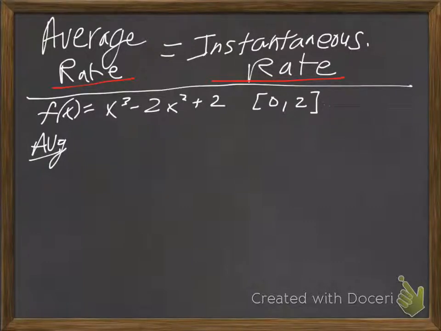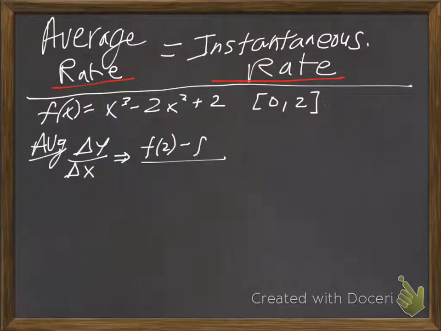But the average rate of change, well, all that is simply finding the slope. And slope, of course, is the change in y over the change in x, or the change in output over the change in input. Well, that would simply be f of 2 minus f of 0 over 2 minus 0. Basically, a 7th or 8th grade problem even, just finding the slope between 2 points.